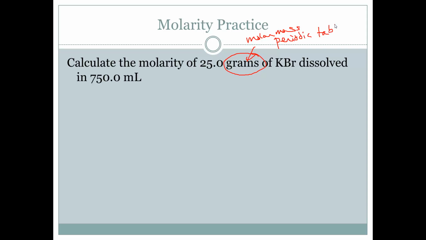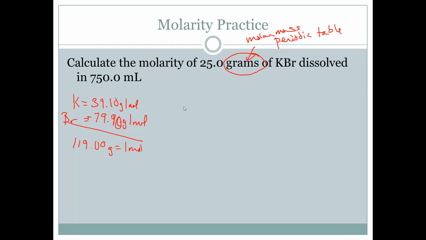By doing so, you'll find that K is 39.10 grams per mole, and Br is 79.90 grams per mole. We can add those together to come up with 119.00 grams is equal to 1 mole.